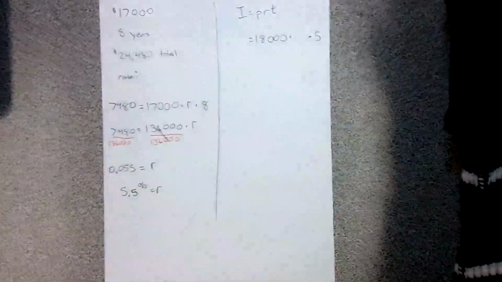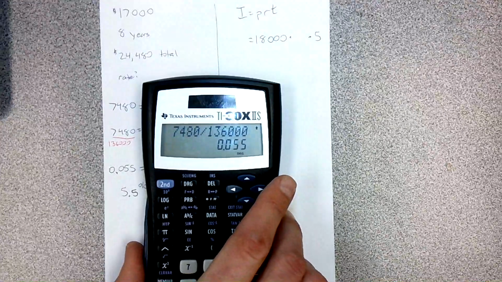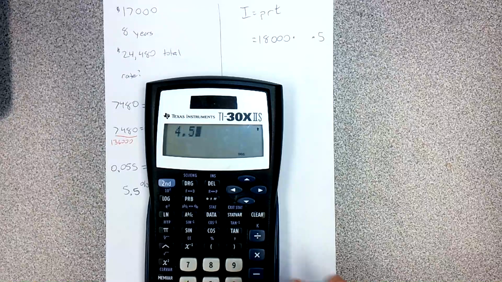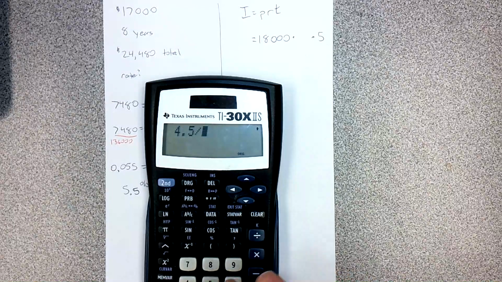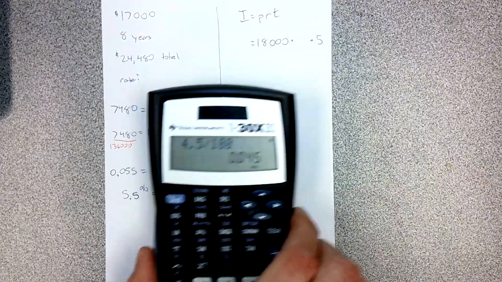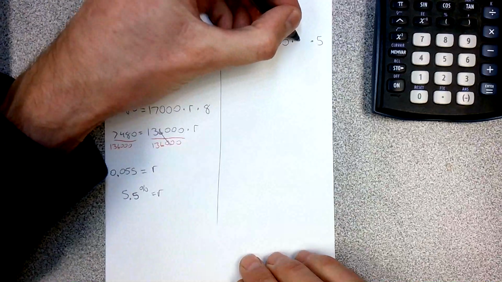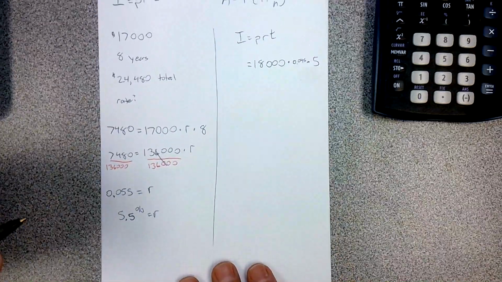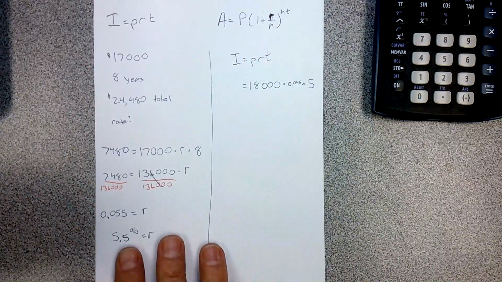I know that screen is a little small, but you should be able to see it. 4.5%, percents are out of 100, so if I divide that by 100, as a decimal, 4.5% is 45 thousandths, 0.045 as a decimal. You can kind of see that filling in there a little bit.